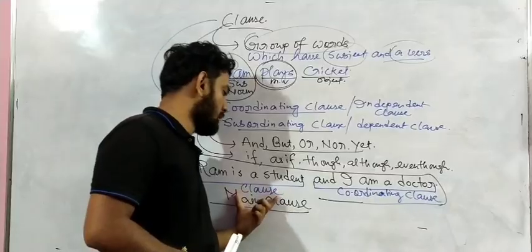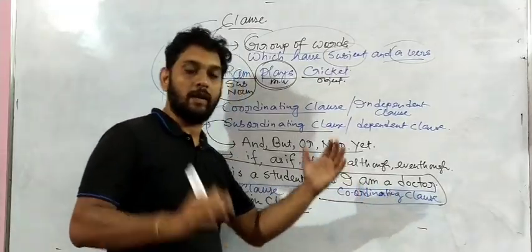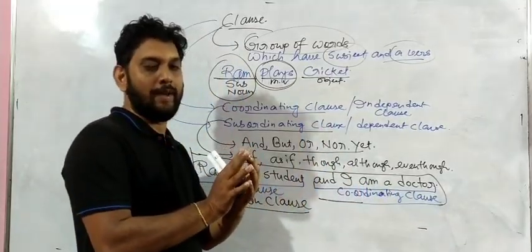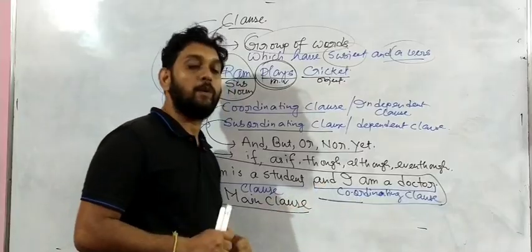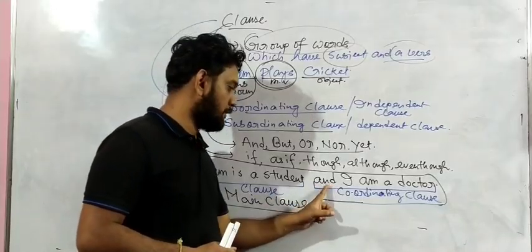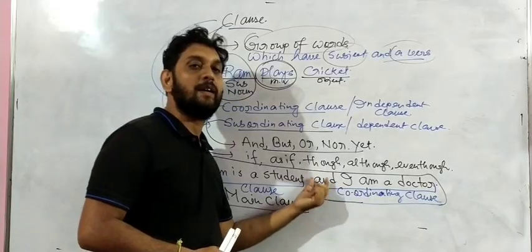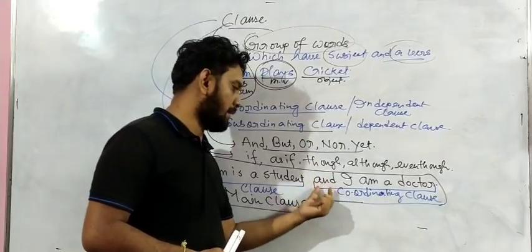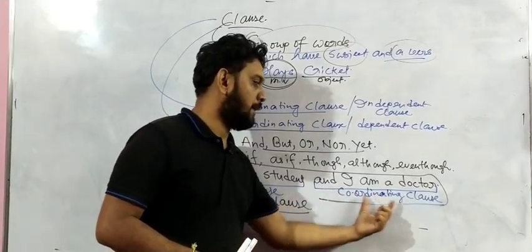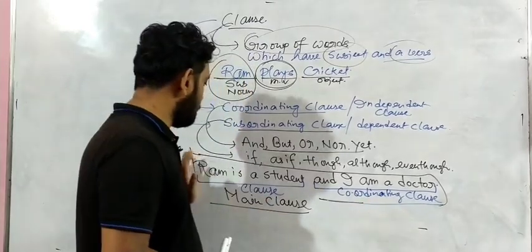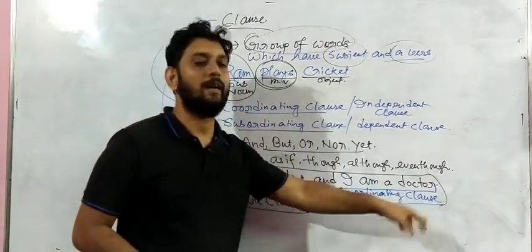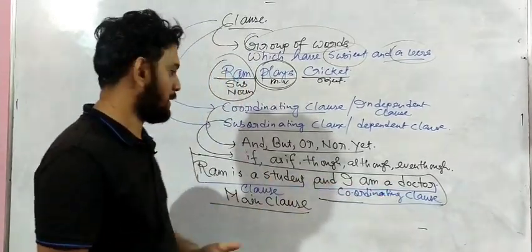Both of these clauses are joined by this connector, and this connector is known as a coordinating conjunction, and it forms the coordinating clause, and from Ram to doctor it is known as a compound sentence.